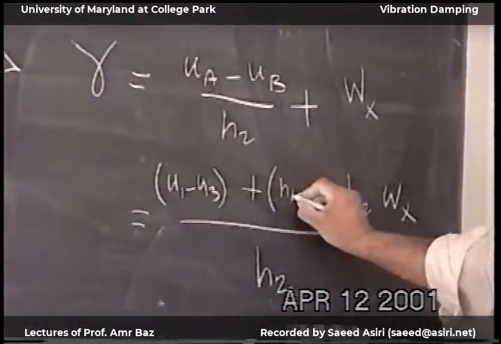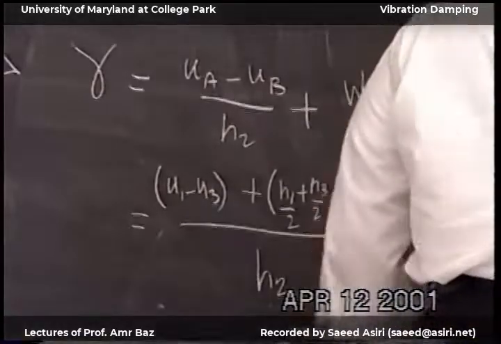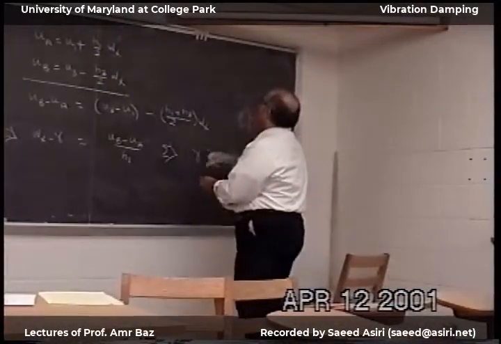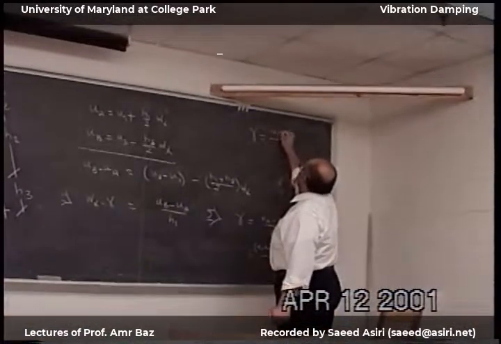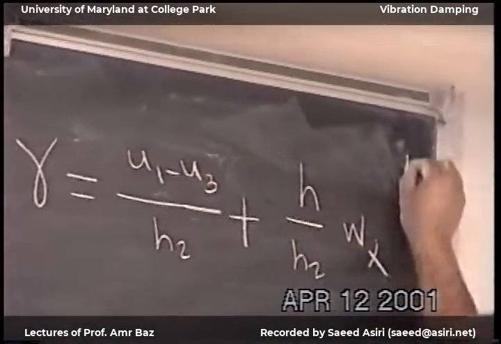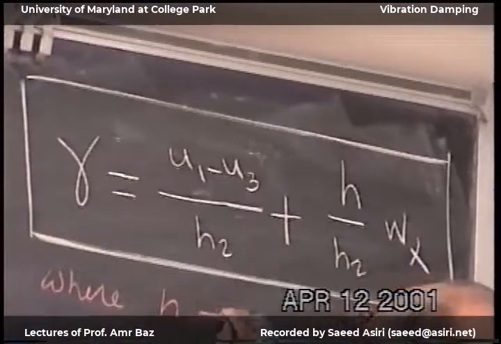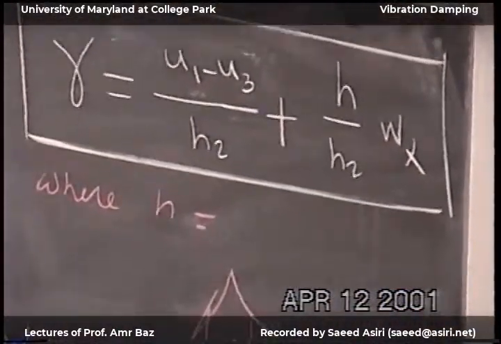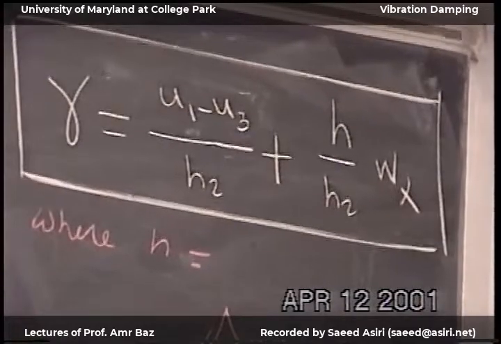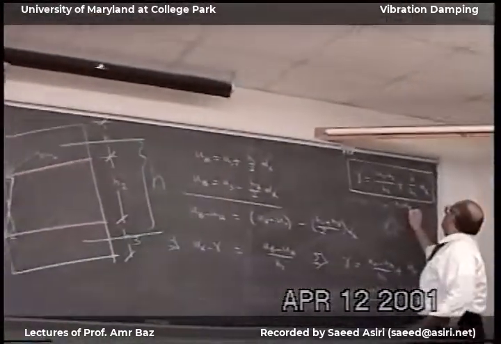And then we'll have here H1, H3, and the final result will give us the very famous equation for constraining layer damping, and here H is equal to H1 over 2, H3 over 2 plus H2, which is this distance. H1, H3, H2.